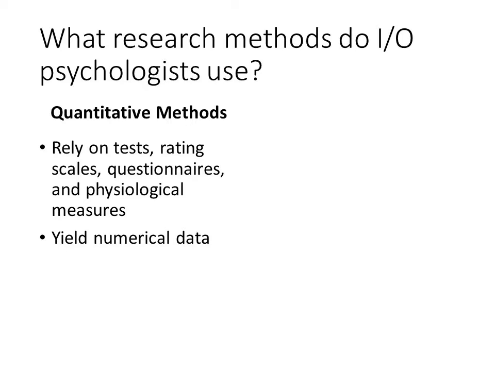When we use quantitative methods, we get numerical data: 1, 2, 3. Compared to qualitative methods, quantitative methods tend to be more objective and more legally defensible. People prefer numbers as opposed to descriptions, words, adjectives.